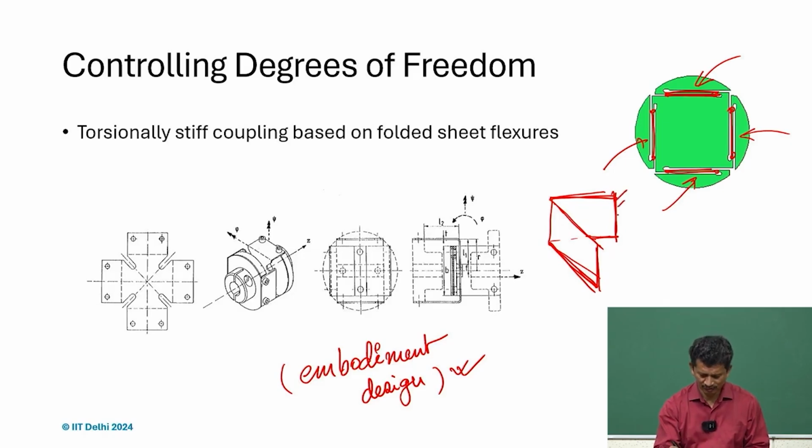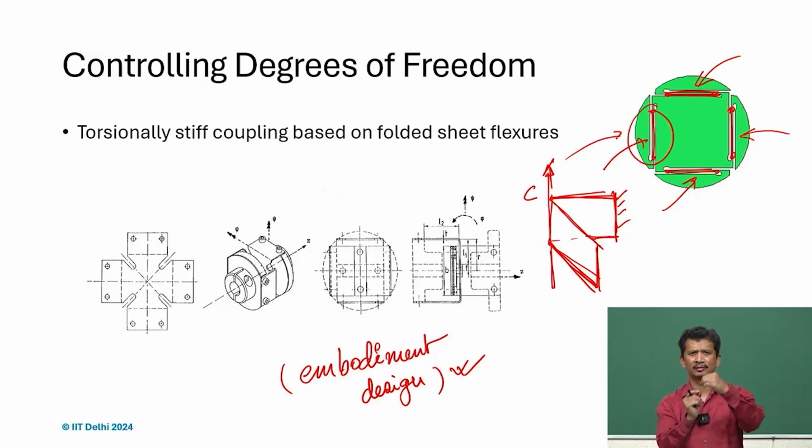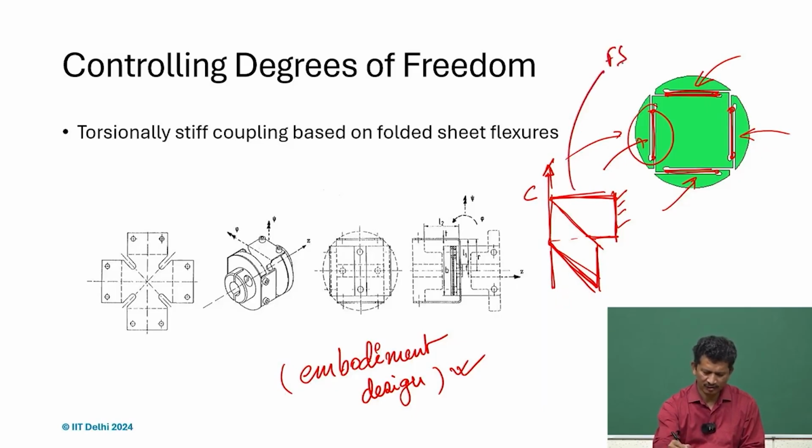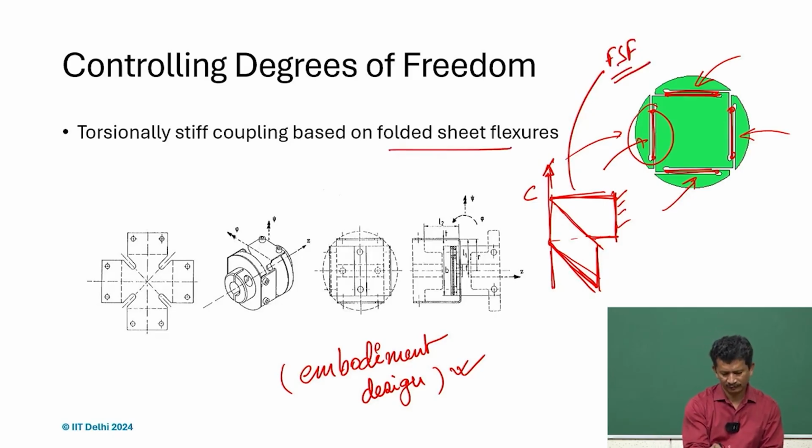So, if we do this, this is the constraint direction. If we replace this stick with the folded leaf spring, or folded sheet flexure, in short FSF, folded sheet flexure.